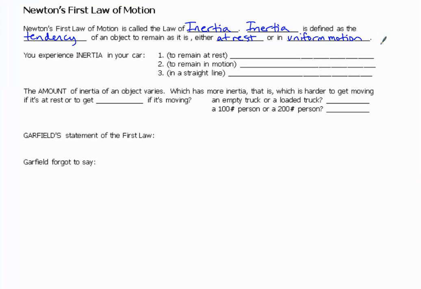You experience inertia riding in your car. To remain at rest, so let's say speeding up, in order for your body to remain at rest, you lean back. It feels like you're being pushed against your seat, but your body is trying to remain at rest.